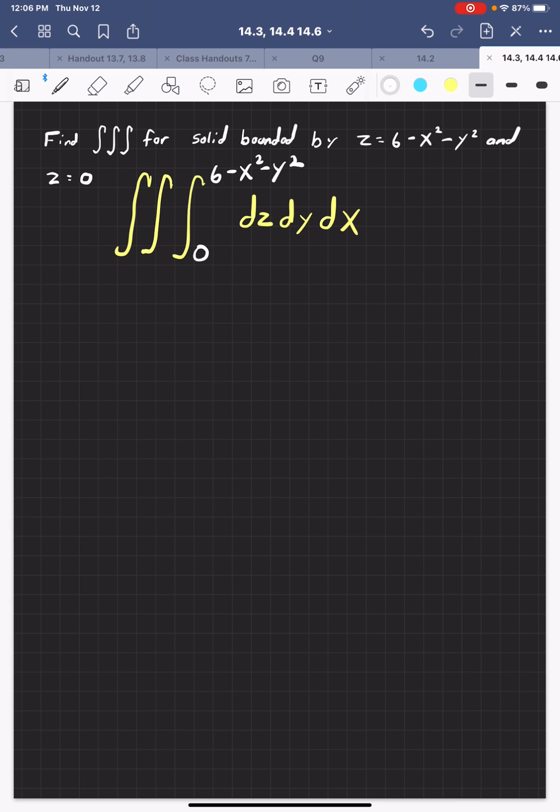And now, since we're going to move on to dy integration next, let's use the fact that z is equal to 6 minus x squared minus y squared to set up our y bounds. And we do so by, again, just by letting z equal 0. And then, of course, we just got to remember that since we're setting up dy integration, we want to solve for y.